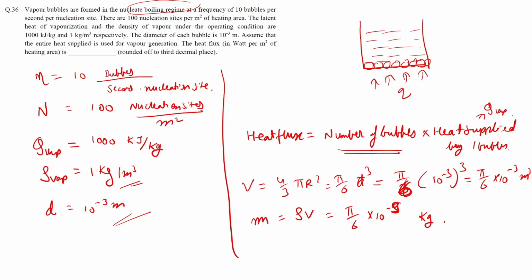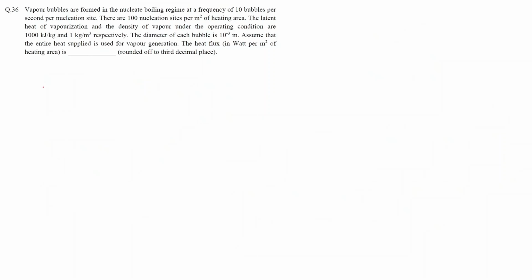Now here we have been given Q vaporization per kg of bubbles. So let's just write it over here. Q vaporization will be given as 1000 kilojoule per kg of bubbles.